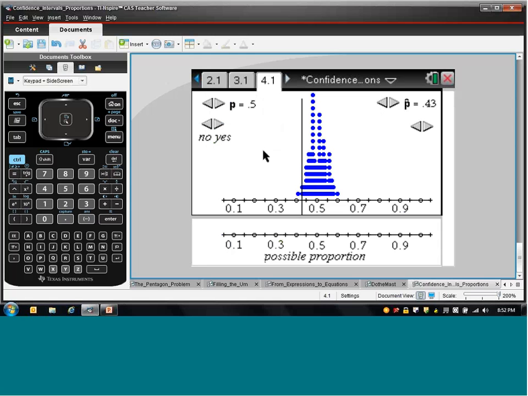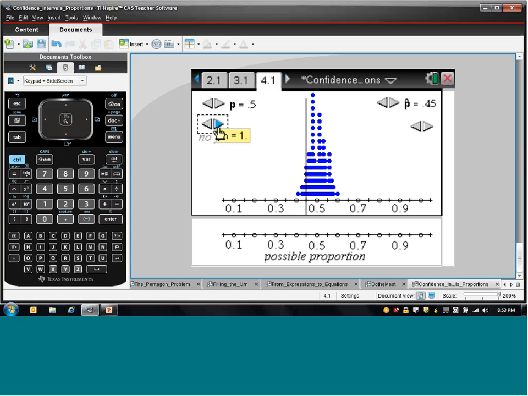Let's kind of do this systematically. So let's go and set P hat to 0.45. That was our observed sample proportion: 45% of the sample were male. And I'm looking at 0.5. For a population of 50% male, it looks like that's a yes.